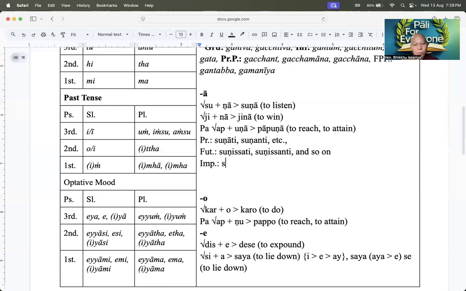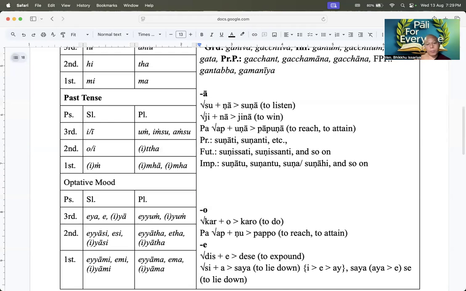So suna do and then sunan do and then suna or sunahi, and so on. And then present, future, imperative, now past, so the past tense.